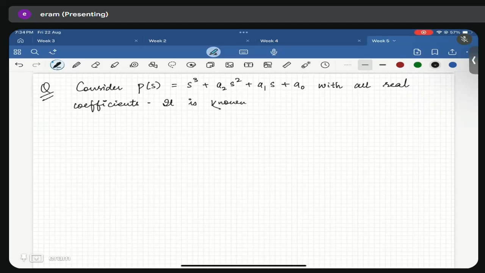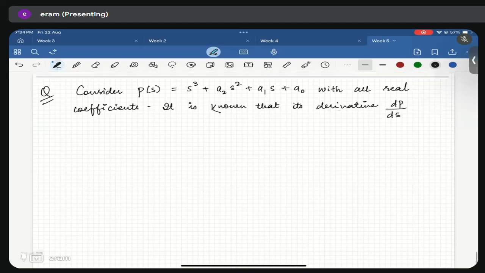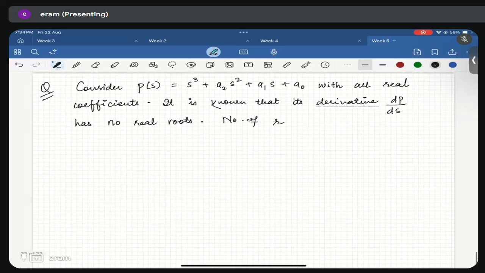It is known that its derivative dp by ds has no real roots. Number of real roots of p(s) is.